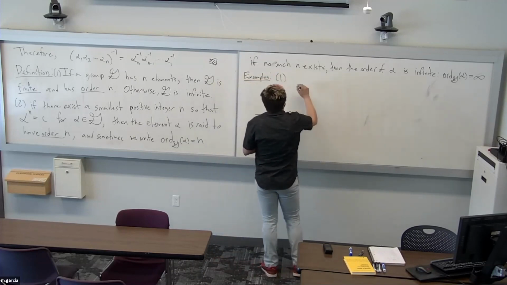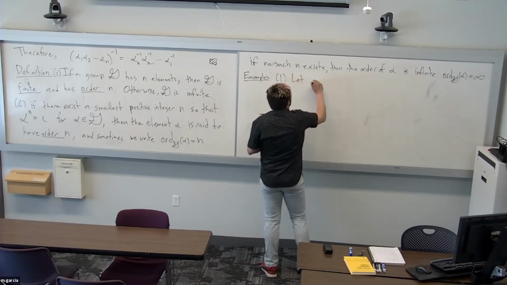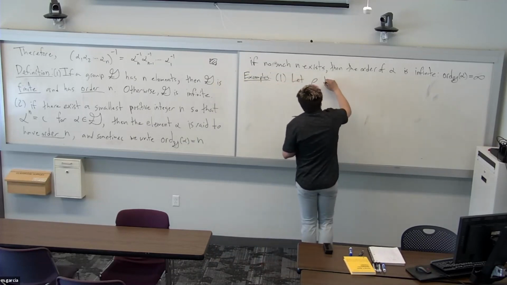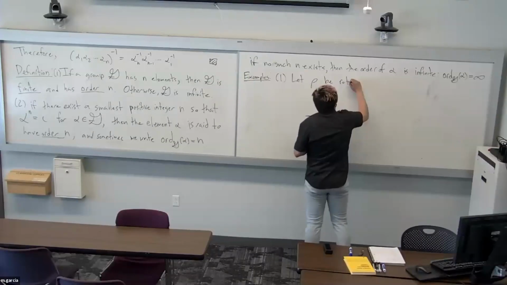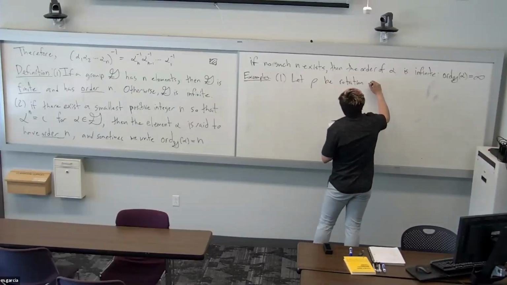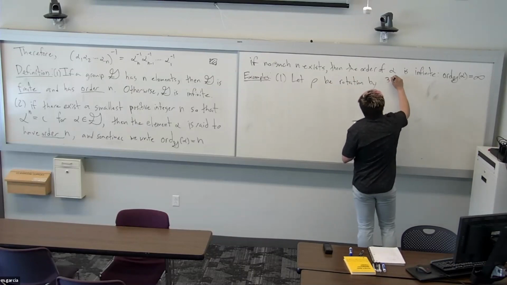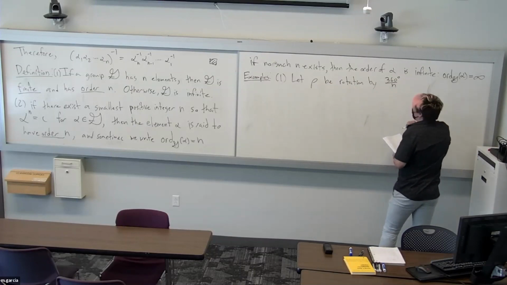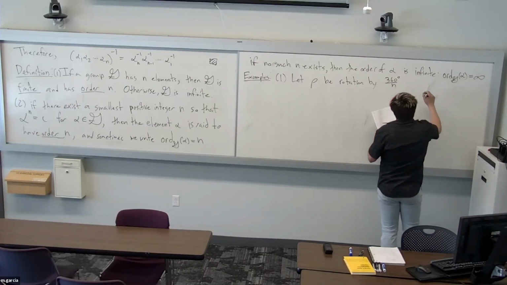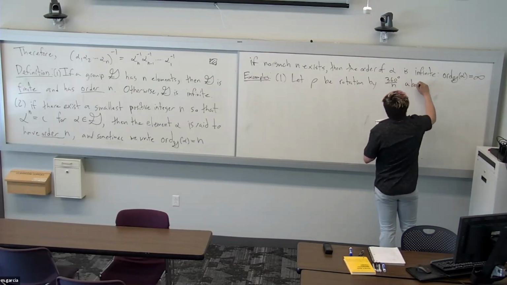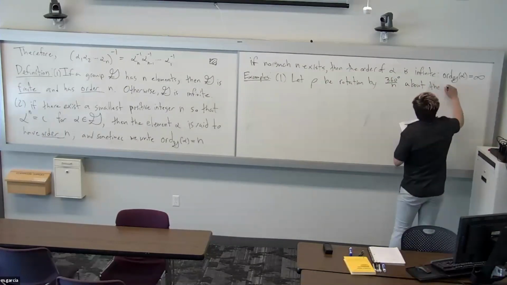Okay, let's talk about a couple examples. Let rho be rotation by 360 divided by n degrees about the origin.